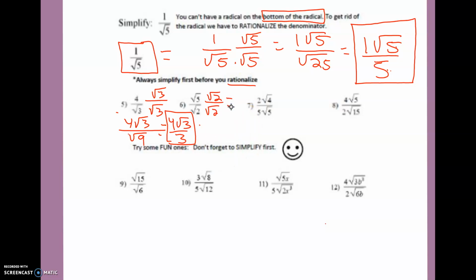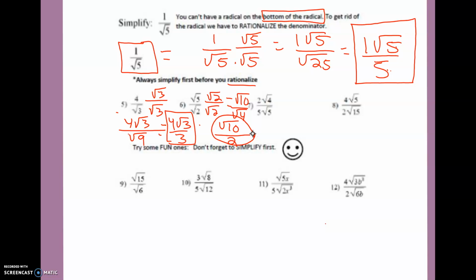So radical 5 times radical 2 is radical 10, right? Radical 2 times radical 2 is radical 4. And if you haven't caught on already, that's always going to come out to be whatever number you multiply by, right? So you have radical 10 on the top. Square root of 4 is 2. Again, one's outside, one's inside, so we can't simplify it. 10 can't be broken down, so you're done. Okay?